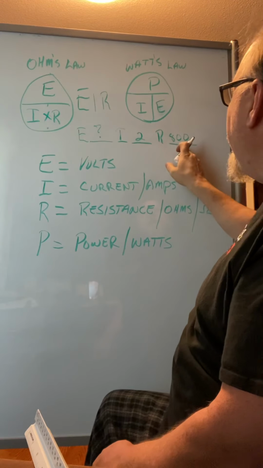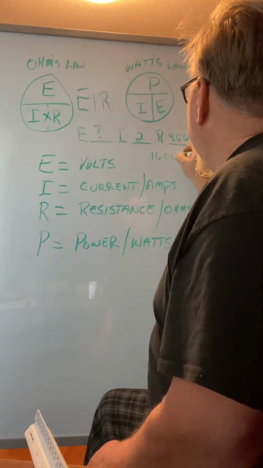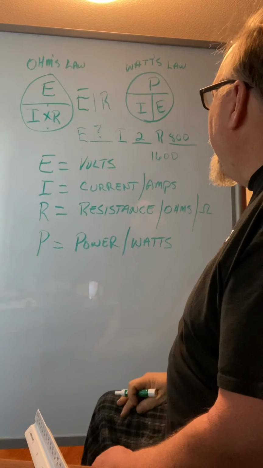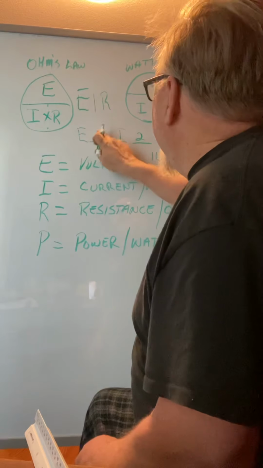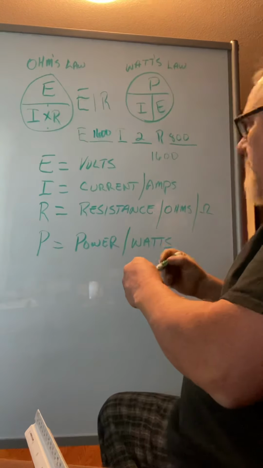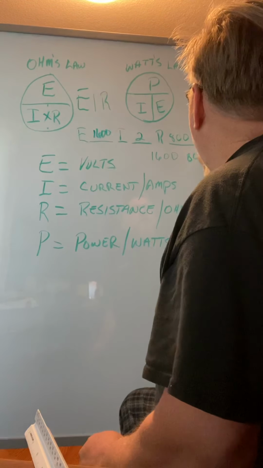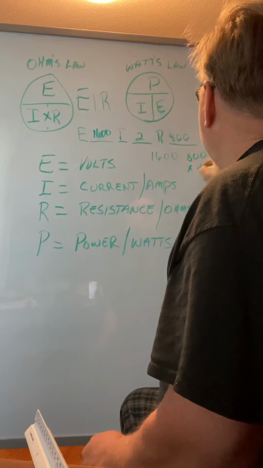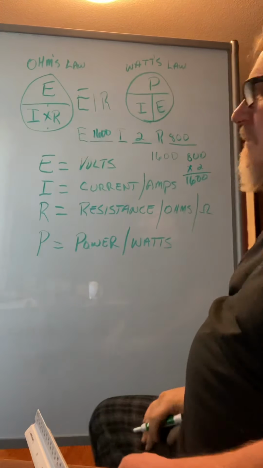So 2 times 800 is going to be 1600, okay? So our voltage in that one right there would be, so let's work this real quick. 800 times 2, bring our 2 zeros down, 1600, okay?